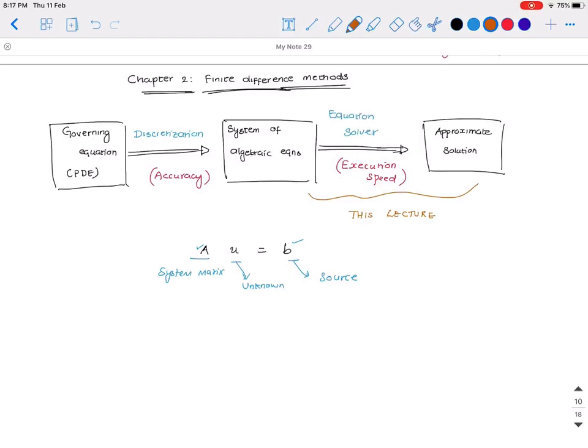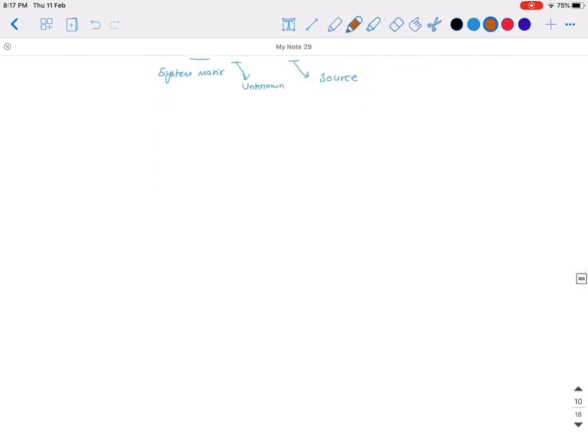There are two classes of methods available for the solution of linear algebraic equations. The first one is called direct methods. The second one is iterative methods.